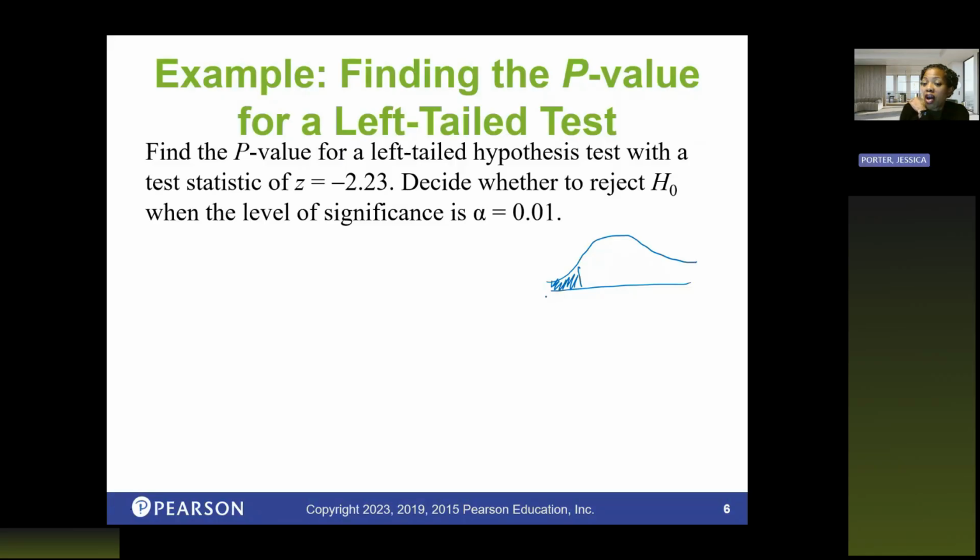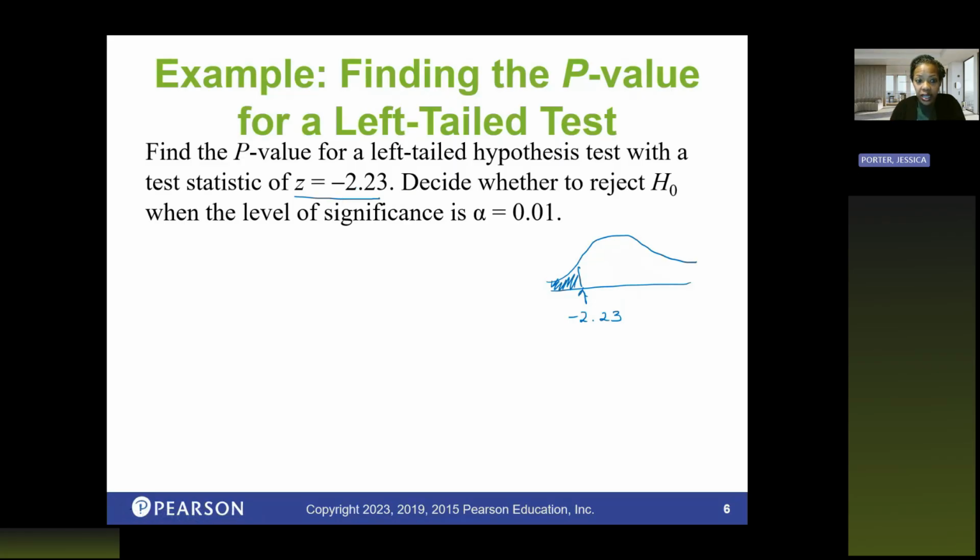And we're comparing it to an alpha level of 0.01. Well, what we need to know is what corresponds to z equals -2.23. So this is -2.23, but we need to know what the area that corresponds to this is. And we found that last week.